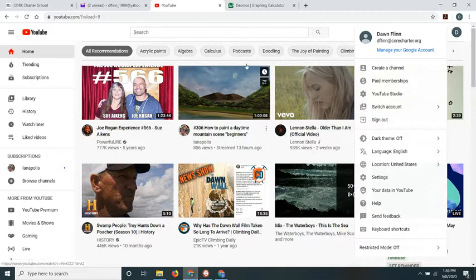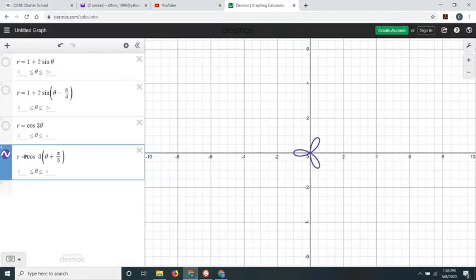So hopefully I already have them on Desmos. So there they are. This one is called a limaçon, and you've watched a video already, I think, in the last section about limaçons.